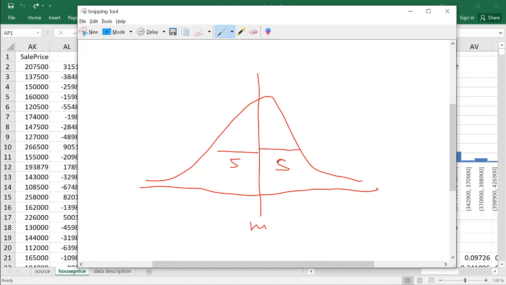Mathematically speaking, the standard deviation gives us the distance between the function and the mean at the so-called inflection point. Now, in any case, a normal distribution is a symmetrical distribution. That's one important feature, and the second is it has this special bell shape here.